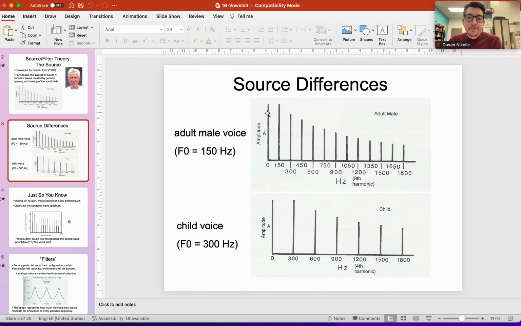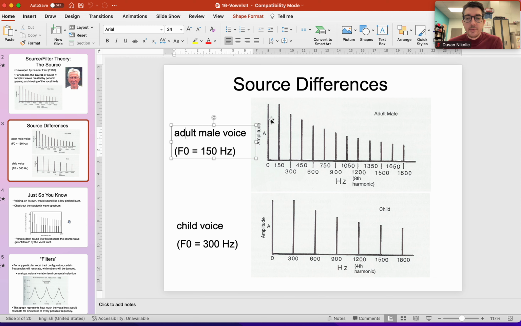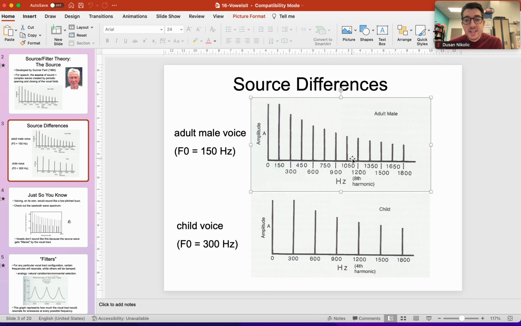So these are source differences between a male and child voice. For example, an adult male voice F0 is around 150 hertz, and a child voice is around 300 hertz. So there are many more harmonics squeezed within the child's spacing. When they meet at 1200, the adult male voice squeezed in 8 harmonics and the child voice squeezed in 4 harmonics.